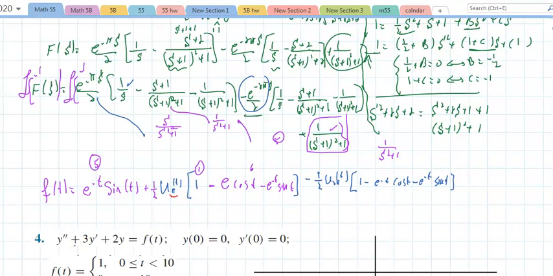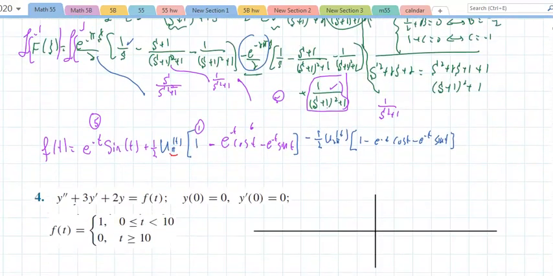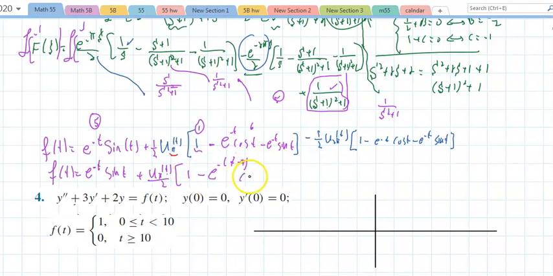Of course, once you become really efficient at this, you could actually make it all one shot. So I could say f of t. This had no u function, so it stays the same. This is u sub pi of t over 2. What this is going to do, it's going to shift. You shift a constant, it stays a constant. But the t is shifted by minus pi on every single one of those.